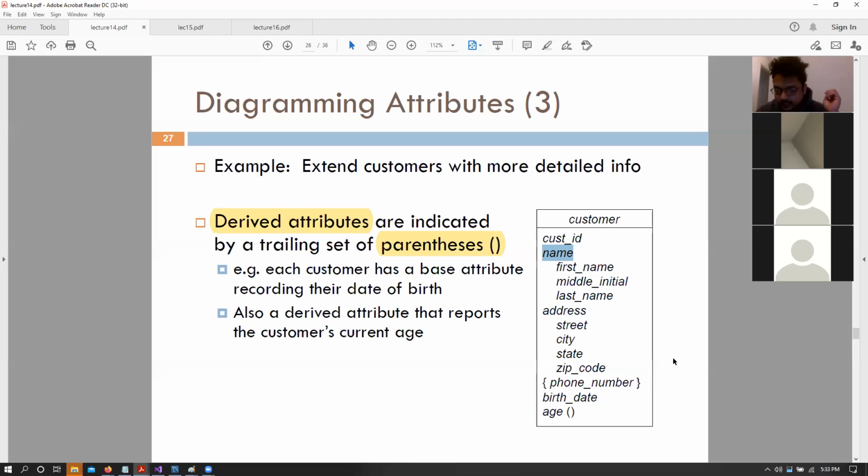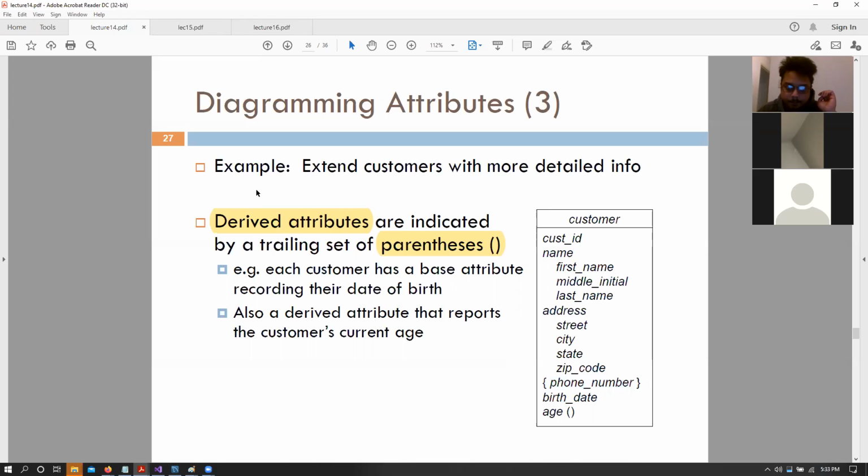We also talked about multi-valued attributes, such as, for example, a phone number, and if a particular customer can have multiple phone numbers, you can represent that in a database using a particular string, using different phone numbers separated by commas, and so on.